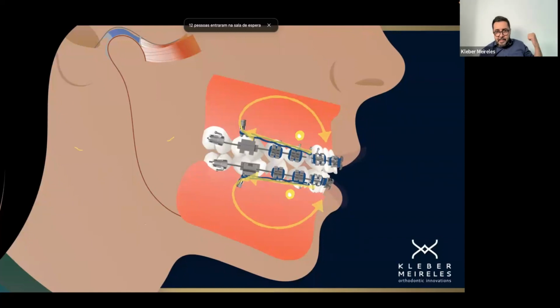If I apply like the previous example, extraction of the premolar and retraction of anterior teeth, I wouldn't have intrusion of posterior. I would just have the sliding mechanics and the moment being applied in this sense. Or if I apply the high line of action, no moment. But this is completely different.